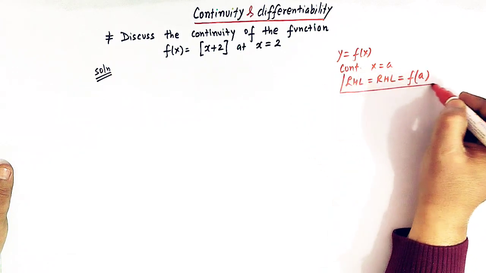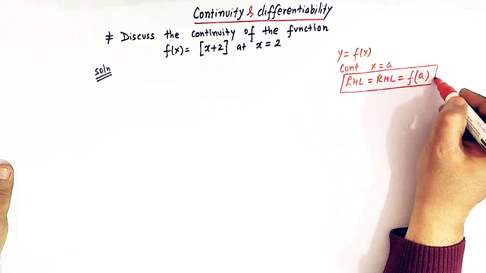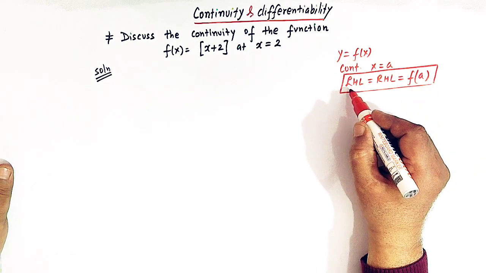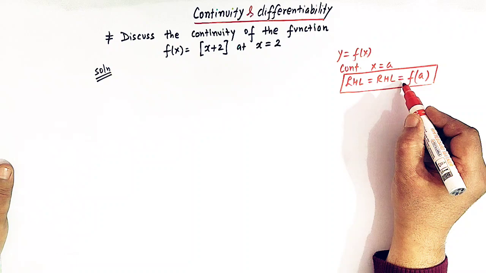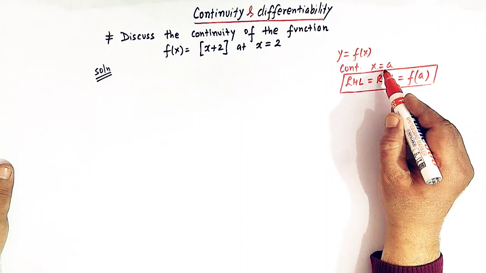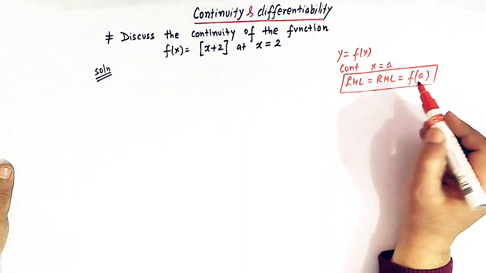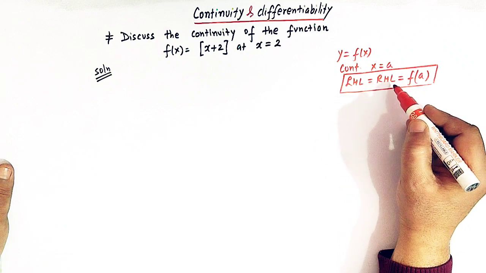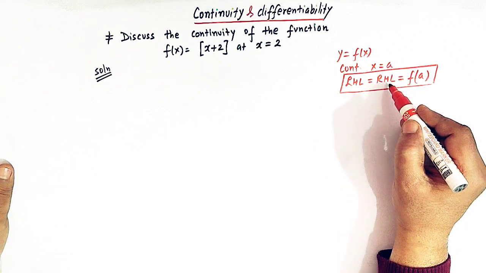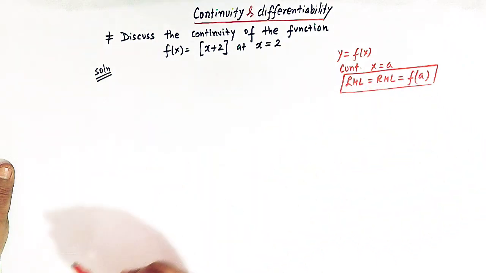If this condition is satisfied, then the function is said to be continuous at that point x is equal to a. And if any of the conditions doesn't hold, then the function is said to be discontinuous.